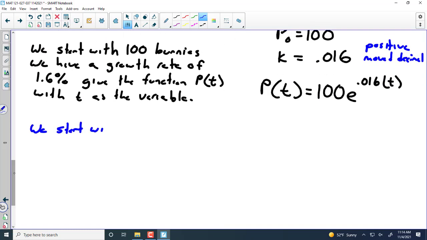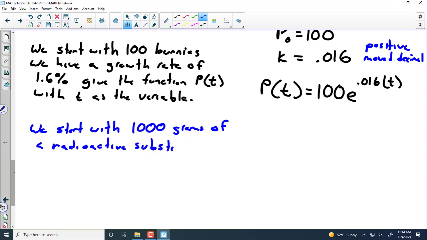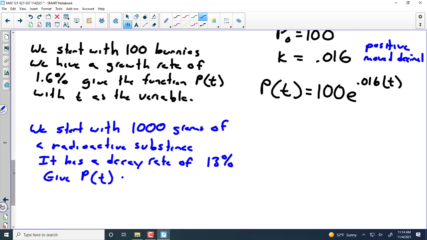We start with 1,000 grams of a radioactive substance. It has a decay rate of 13%. Give P of t with variable t.